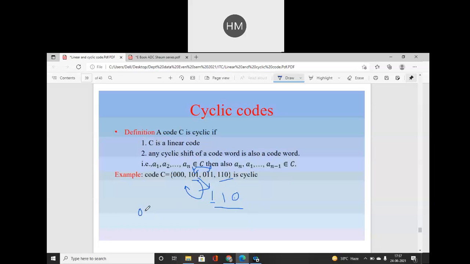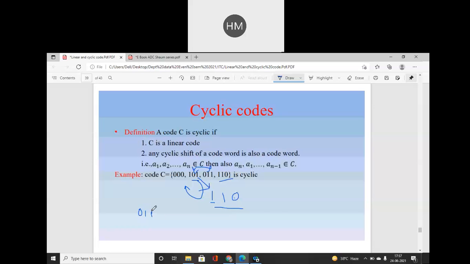Please students, what will be the answer? Quickly tell me, write down in the chat box. Who will tell first? What answer will come from right shift? After applying right shift, what will be the answer? 101. Yes, very good. So is this code there in the generated code list? Yes or no? Yes.